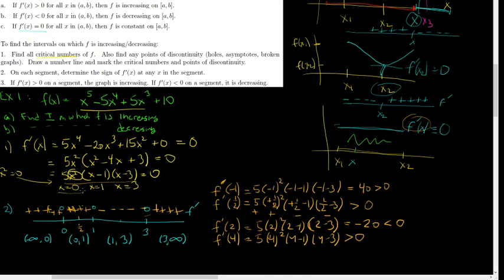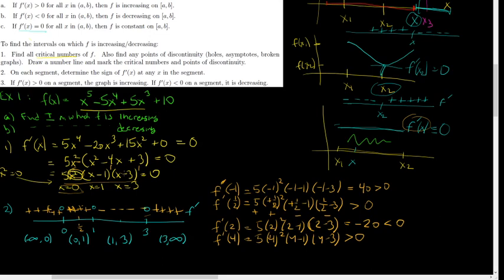So what's special about x equals 0? Notice that that came from x squared here. The x squared, because it's an even exponent, the sign does not switch. The exponents for x minus 1 and x minus 3 were 1s. Those are odd numbers. When they're odd, the signs will switch. So we didn't actually have to do any of this here.